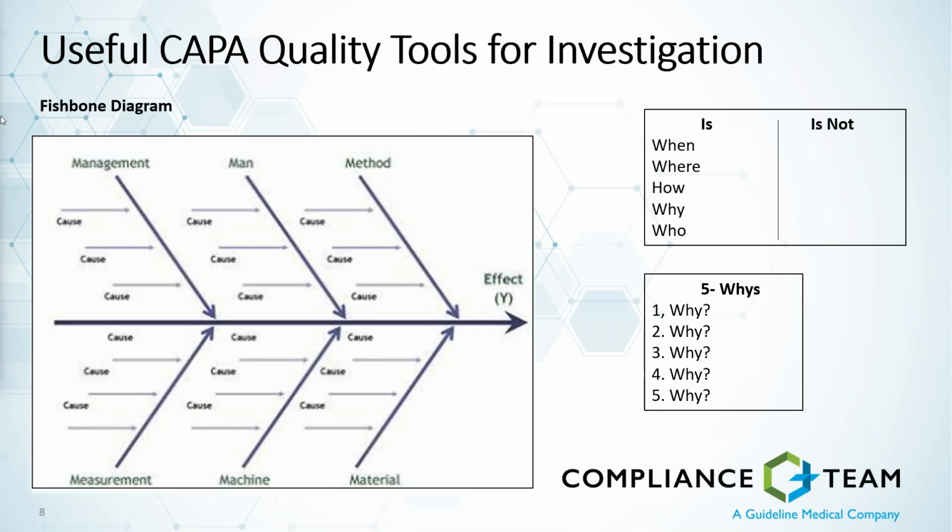And in those cases, you're going to be looking at the inputs of management, personnel, method, material, machine, and measurement or test. And then the is and is not, when, where, how, why, and who, and 5 whys.